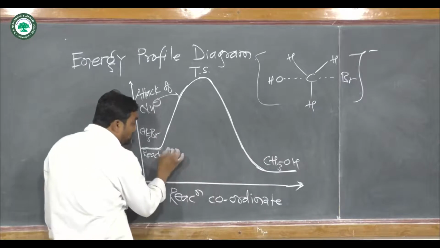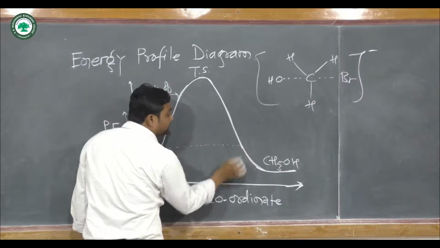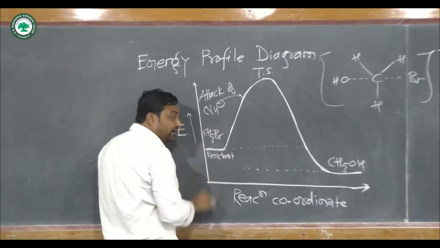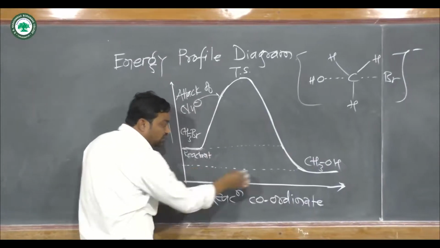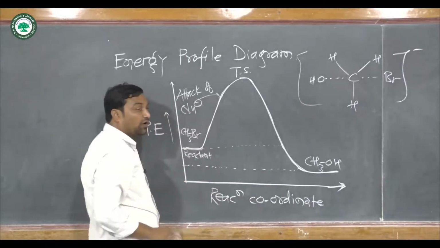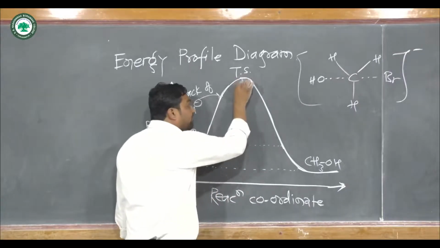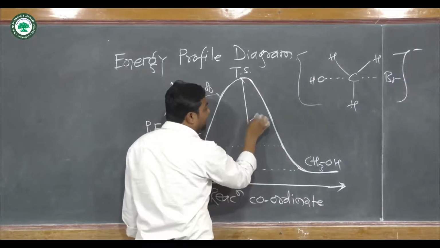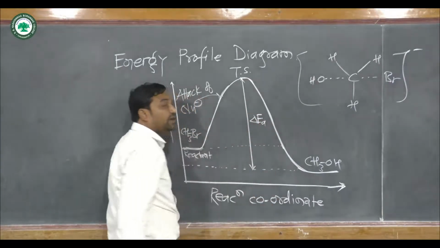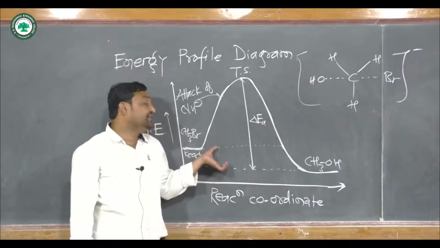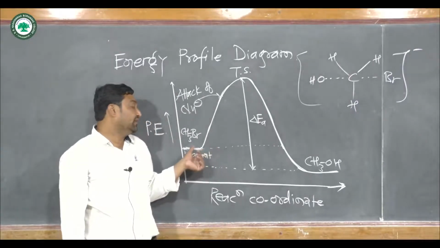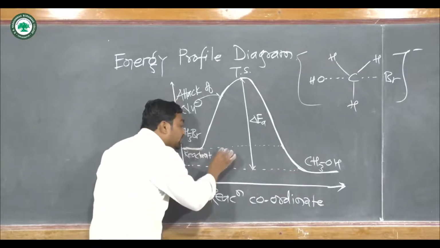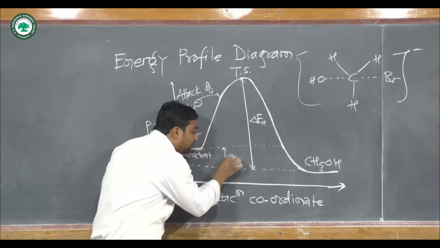This is the energy of reactant, and this is the energy of product. This is nothing but the energy of activation, that is delta E, and the difference in energy between the energy of reactant and the energy of product is nothing but delta H.